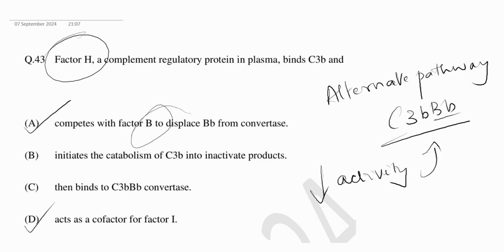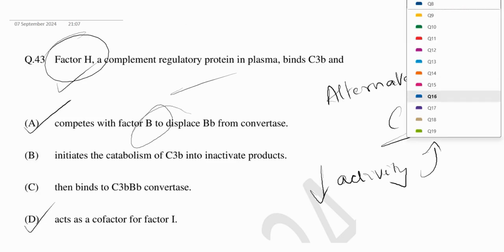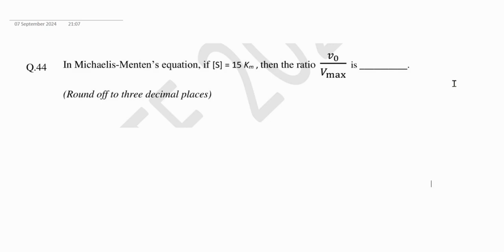Basically, it suppresses inflammation, or even, in the worst cases, anaphylaxis. So factor H is a regulatory complement protein in plasma that competes with factor B and also acts as a cofactor for factor I. Okay. Moving on to the next question.